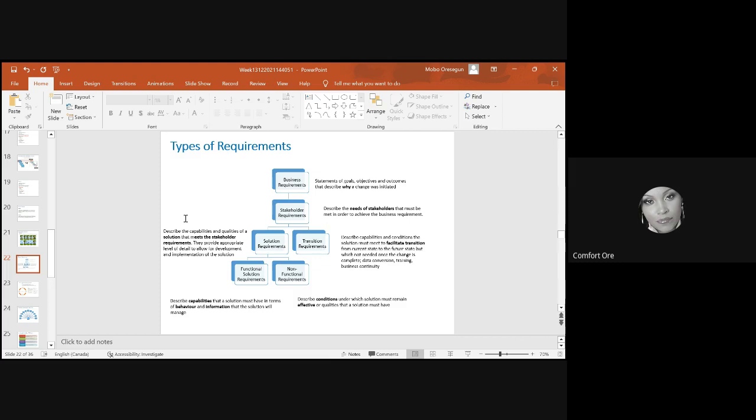Don't forget, problem. Maybe there's a need. You're taking advantage of an existing opportunity. Maybe you probably need a change, right? So there's always going to be a need. That is what would define your why. That's why you're going to be engaged as a business analyst.